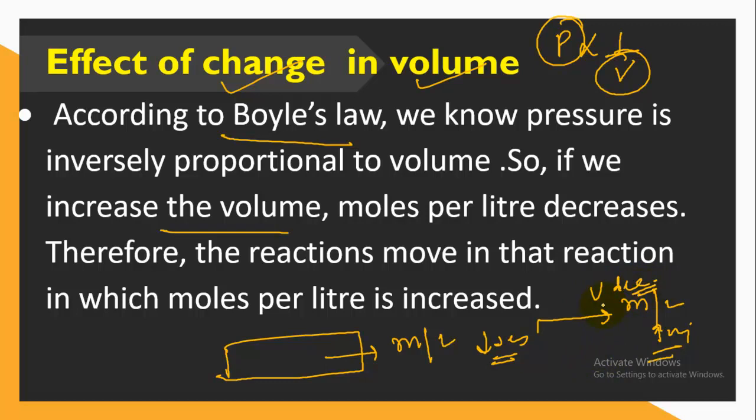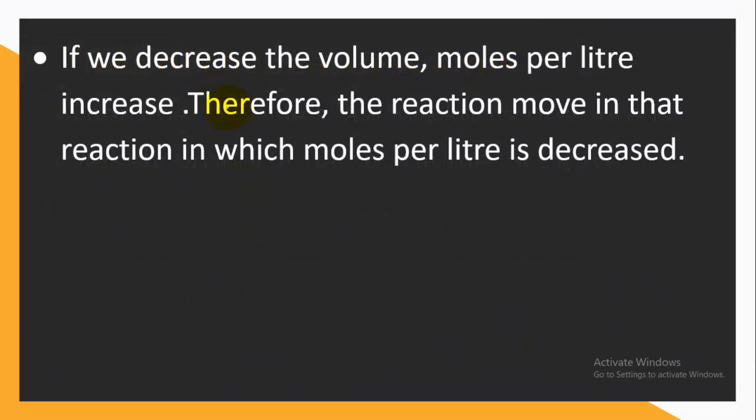So it is actually the vice versa of the effect of the change in pressure, because pressure and volume are inversely proportional. We can write that the reaction moves in that direction in which the moles per liter is increased if we are increasing the volume. Let's say we are decreasing the volume, then what happens? Then moles per liter are increasing.